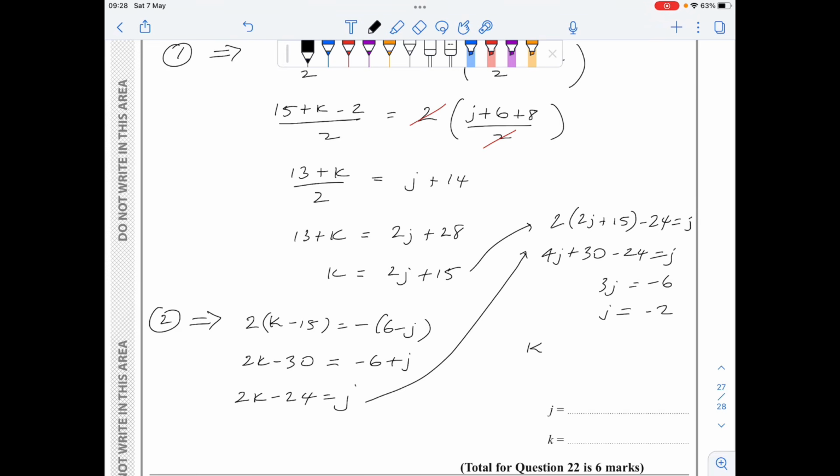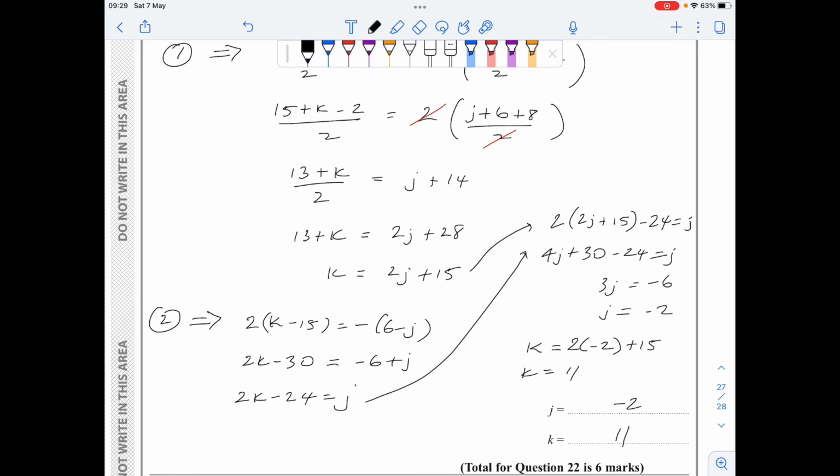And then k is equal to, I'll substitute the j I found into this one, 2 times minus 2 plus 15. k comes out to be 11, so minus 2 and 11 are the final answers for this question.